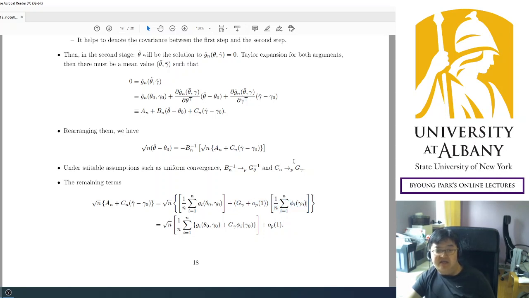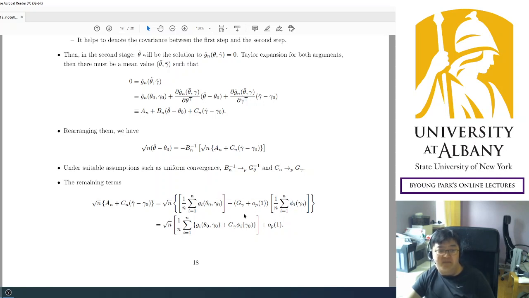Gamma hat minus gamma 0 is replaced by the influence function, and the derivative converges to this guy. And this requires uniform convergence. So this is what we have, and also you may simplify them again, gi and phi.